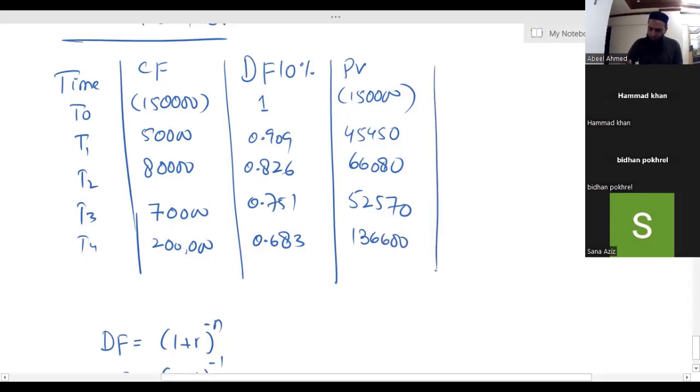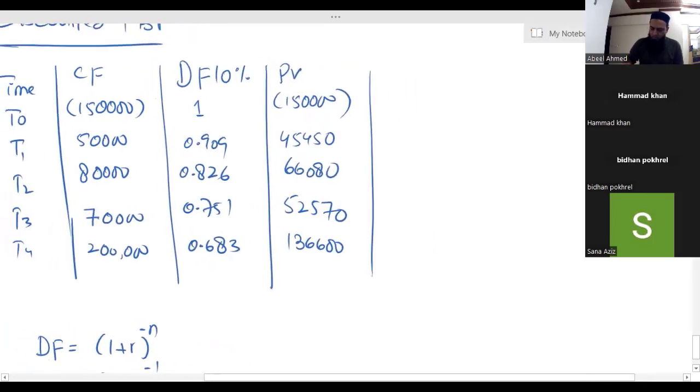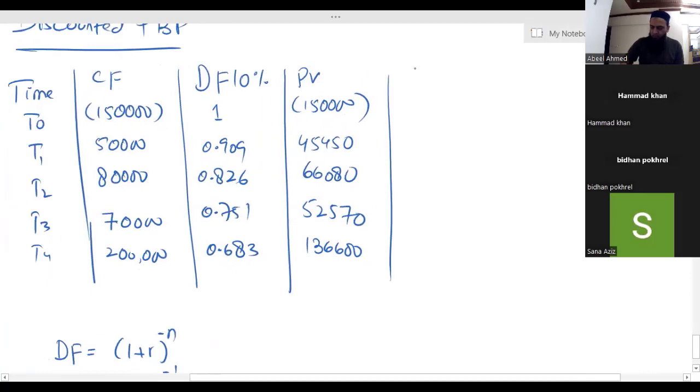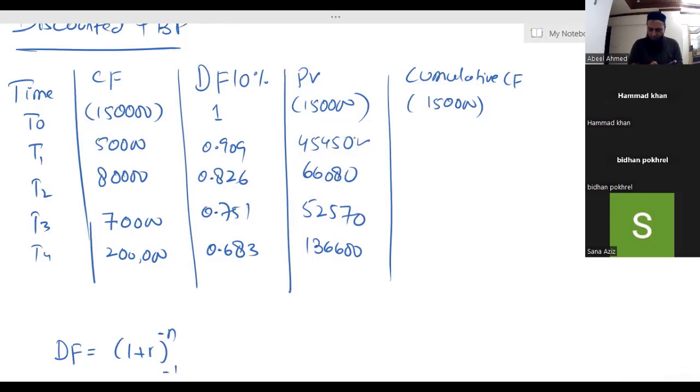Now, the last column comes for the cumulative cash flows. 1 lakh 50, which is negative, plus the positive 45,450. How much do we still need to recover?